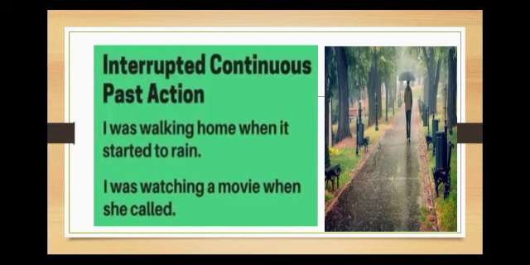Look at the sentences. I was walking home when it started to rain. So this rain has interrupted the continuous action, the action of walking home. I was watching a movie when she called. So she called and interrupted the continuous action of watching a movie.